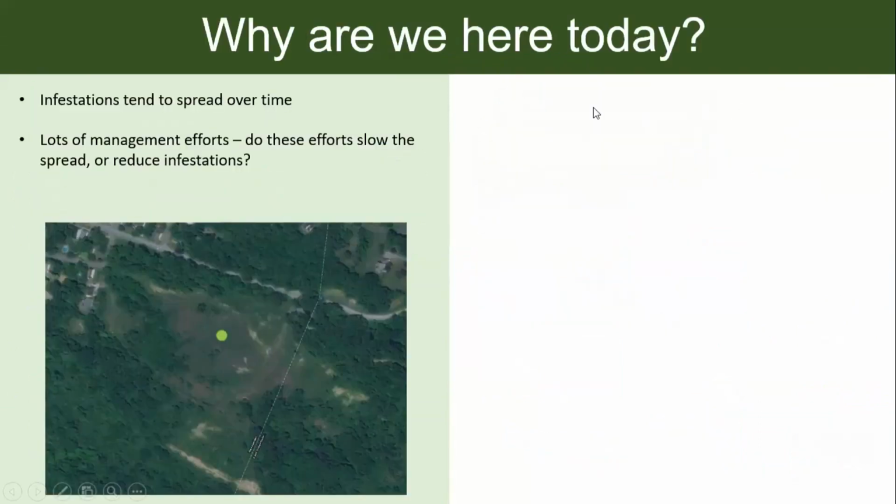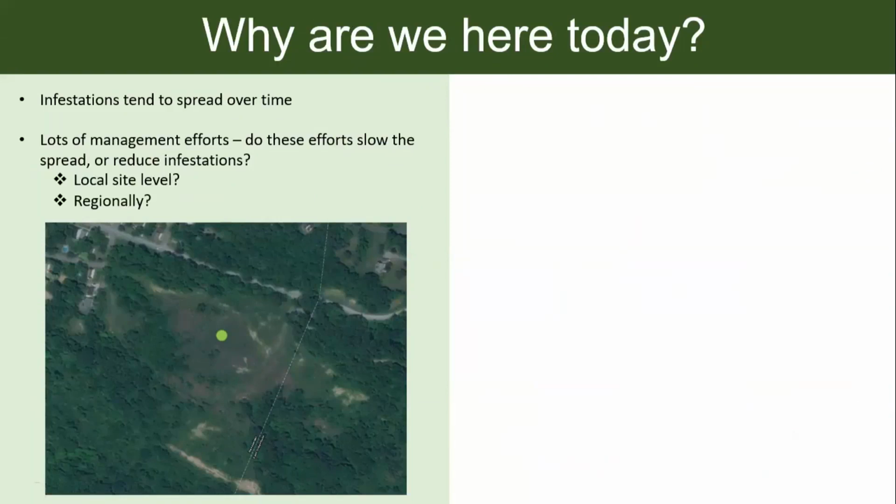So why are we here today? What is the main topic of discussion? We all know that invasive species infestations tend to spread across space over time. We also know that there are a lot of management efforts, and ideally these slow the spread or reduce infestation sizes.